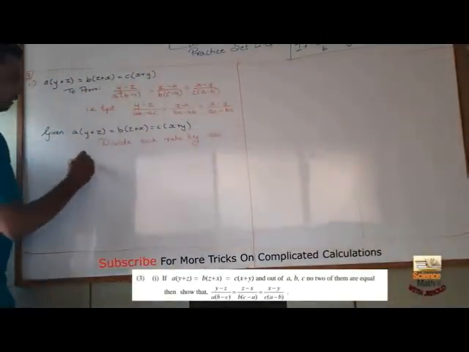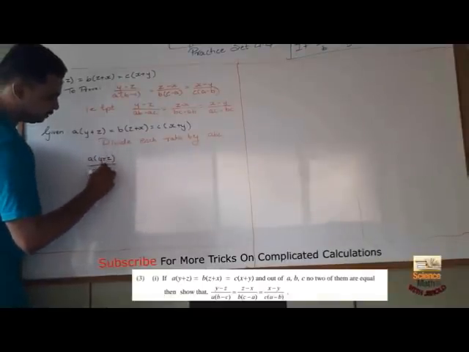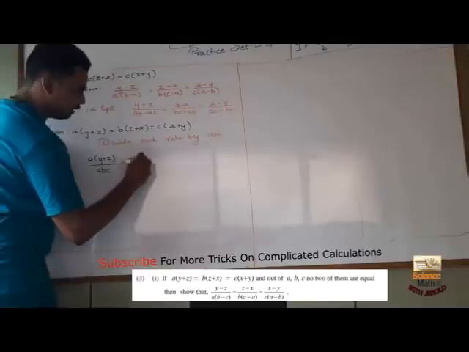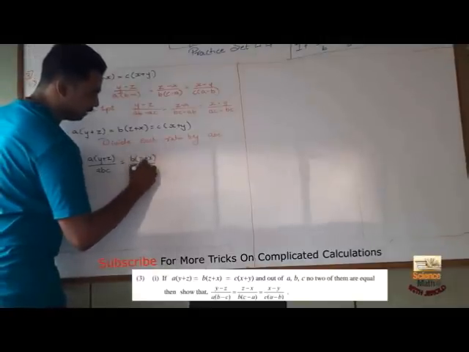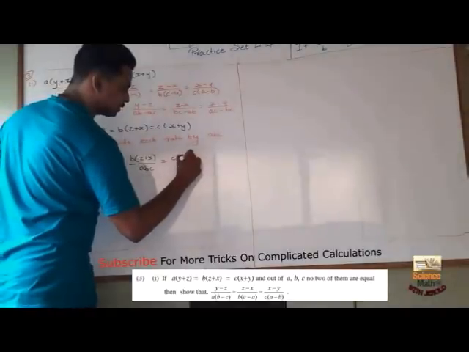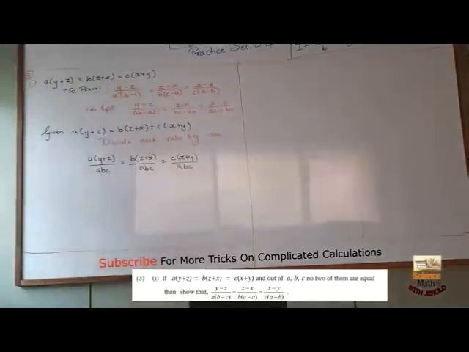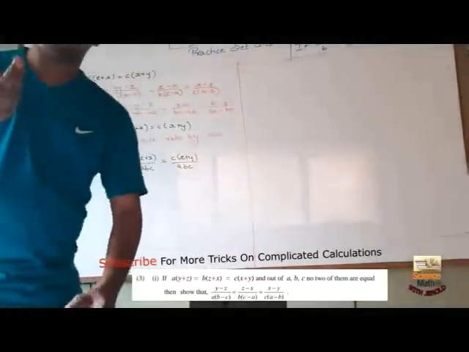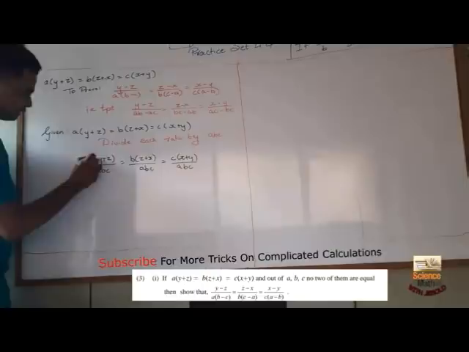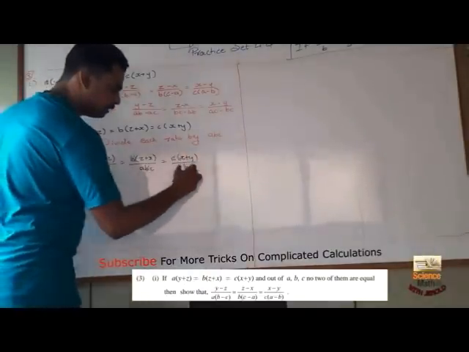So dividing everything by abc, I will get (y + z)/a divided by abc is equal to (z + x)/b divided by abc is equal to (x + y)/c divided by abc. Now, simple, you can see cancellations: a and a, b and b, c and c.